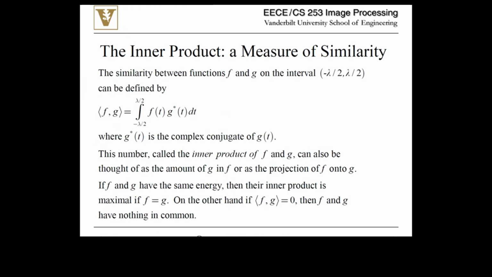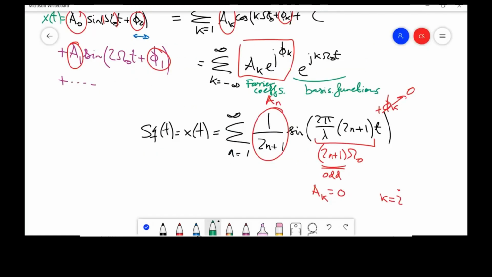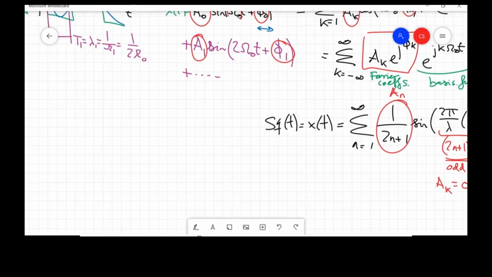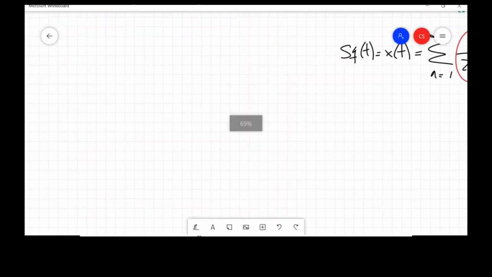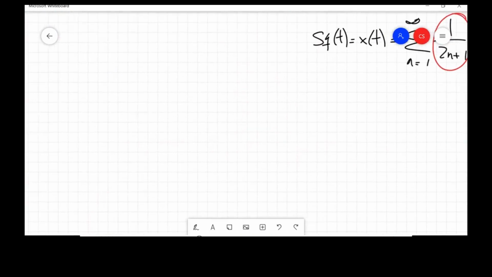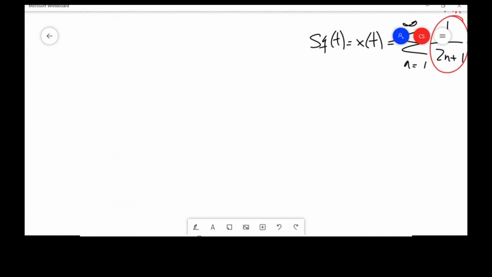So how do I compute all these numbers? Because they look like magic, right? How do you get these amplitudes, these phases? For doing that, let us think of how you represent standard vectors.